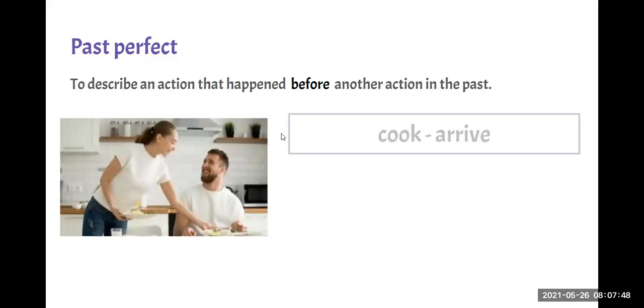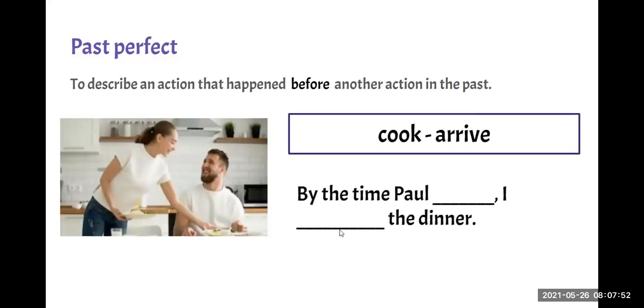So let's see here. Here we have these two verbs and the little story. By the time Paul arrived, very good, I had cooked dinner. So which of these actions happened before?